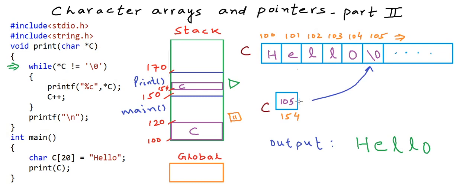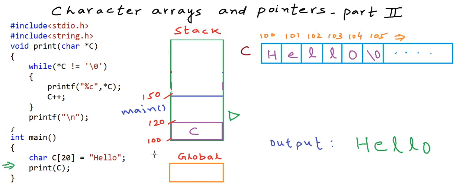Now here the value at this particular address is the null character, so the loop will not execute. We will come to this statement to print an end of line, and the execution of the print function will finish. So this particular stack frame for print will be cleared from the stack, will be deallocated, and now main will resume and finish. So with pointers we should always know what's going where in the memory.